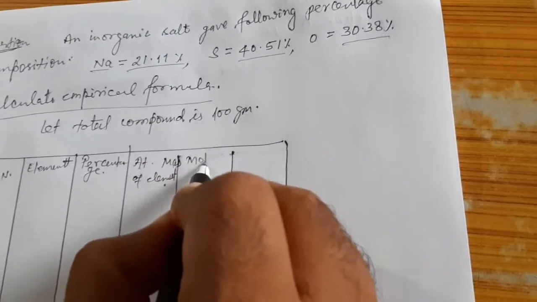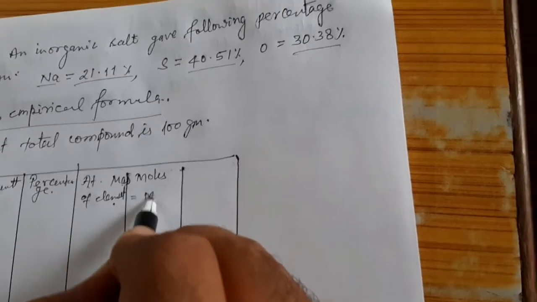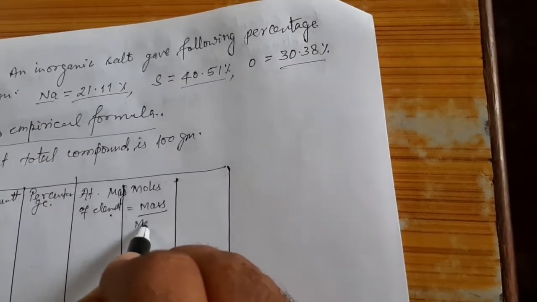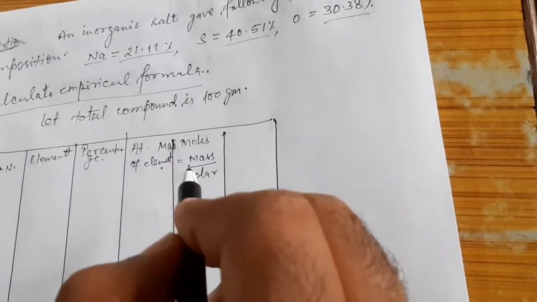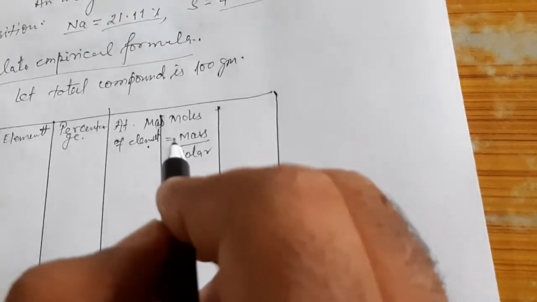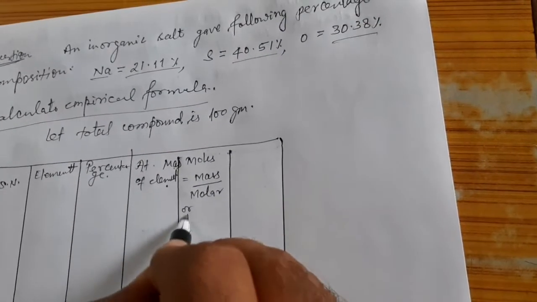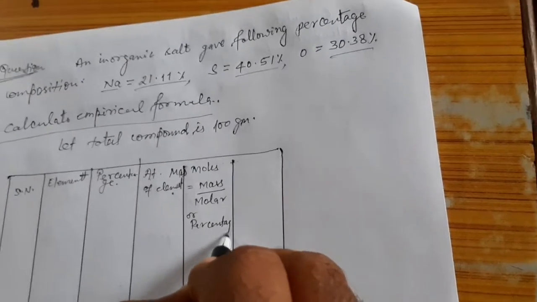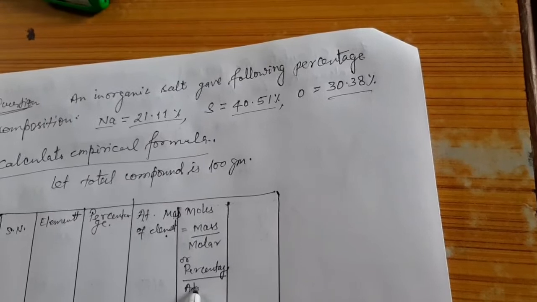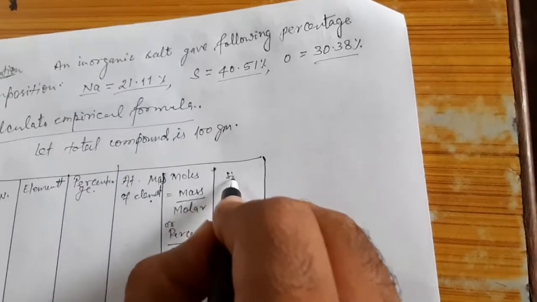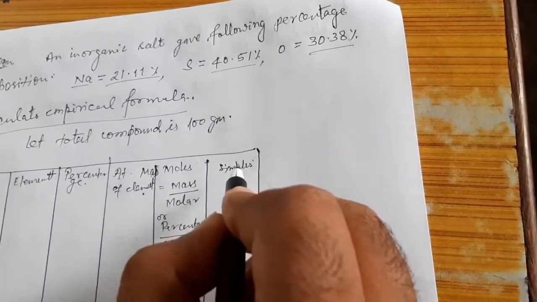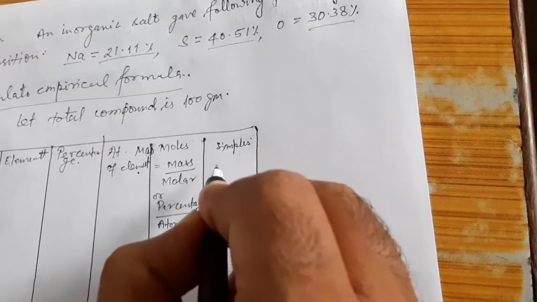Next, moles, as we know that moles equal the given mass upon molar mass, or we can calculate the percentage divided by atomic mass, and then simplest molar ratio.